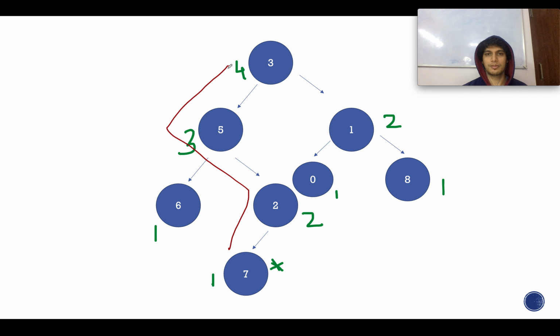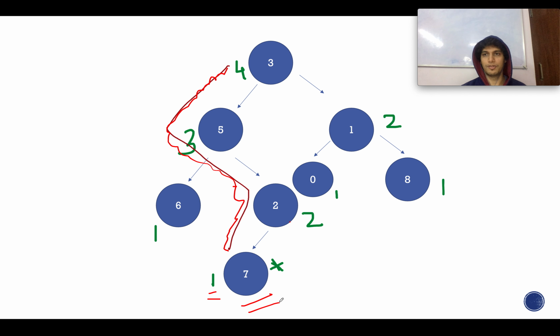It is identified by this red line, and the depth is signified by 1, 2, 3, and 4. You need to identify the smallest subtree in this path, which is 7 in this case, and hence this would be your answer.